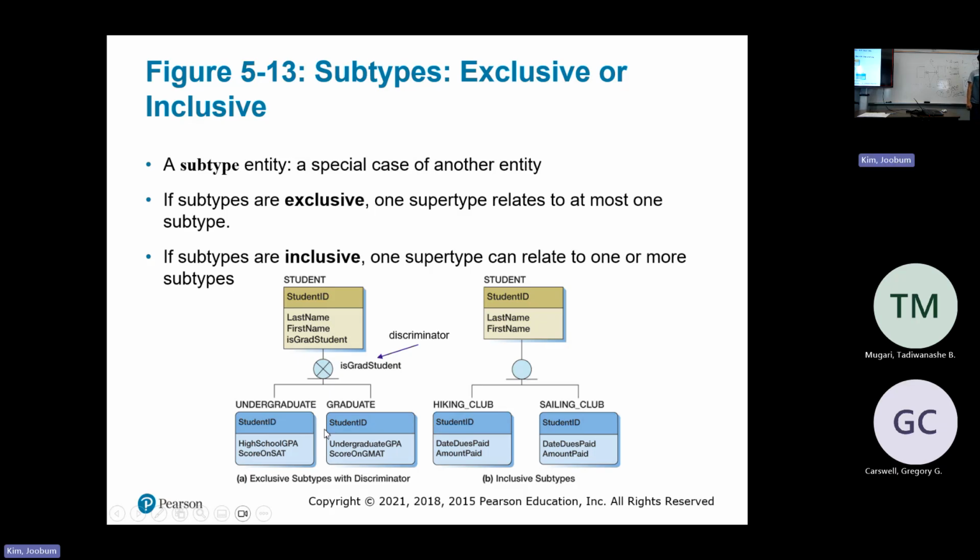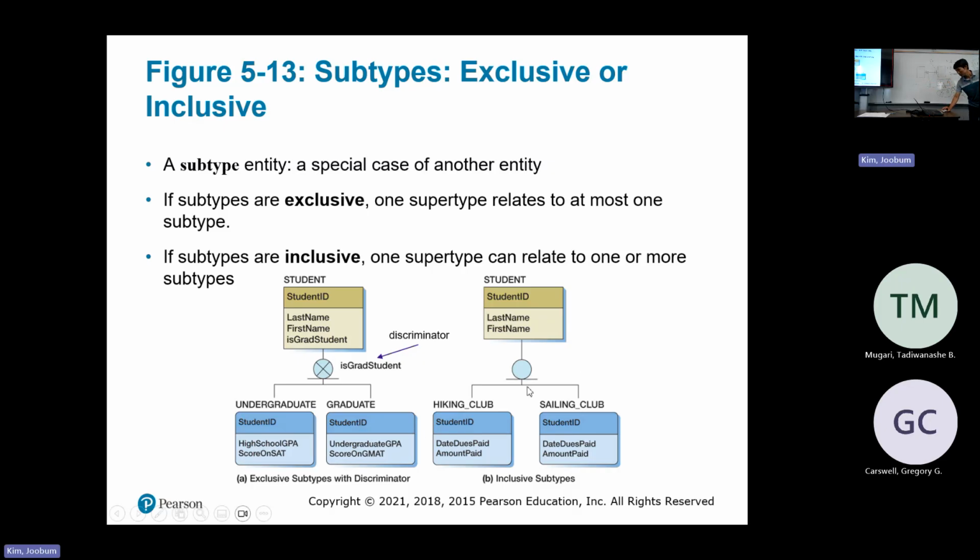Make sense? But exclusive means a student must be undergraduate or graduate, right? So we have the exclusive symbol. That means every student should be undergraduate or graduate. There are no other cases. Make sense?